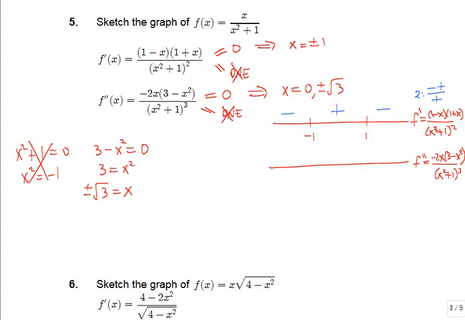Okay? Now let's go to our second derivative. We have -√3, which is a little bit bigger than -1, so this is going to be to the left of -1, and +√3 will be to the right of +1. And we also had 0, so I'm going to put 0 in there as well. And now we need to test all of these different places. So in the bottom, notice we have a cube.